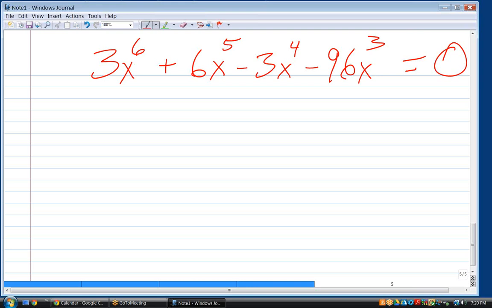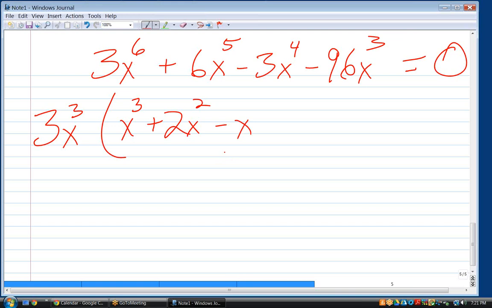What's the greatest common factor? 3x cubed. What do I have left over? x cubed plus 2x squared minus 16x minus 32.